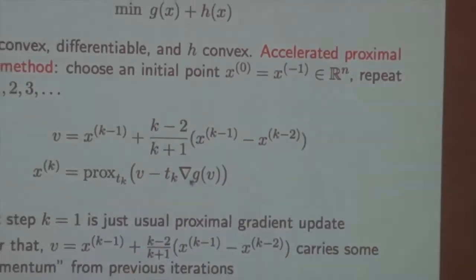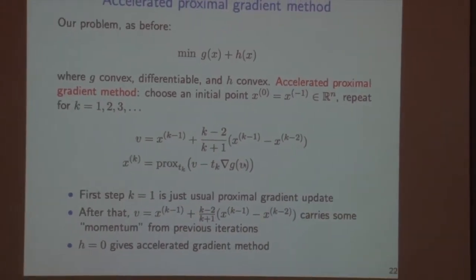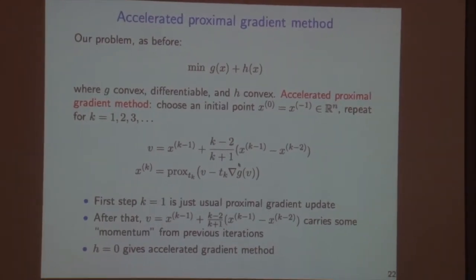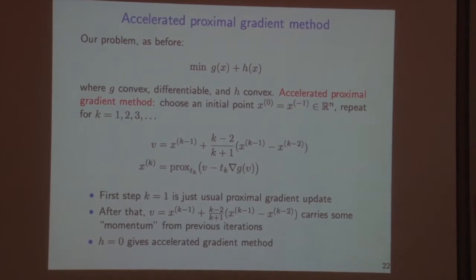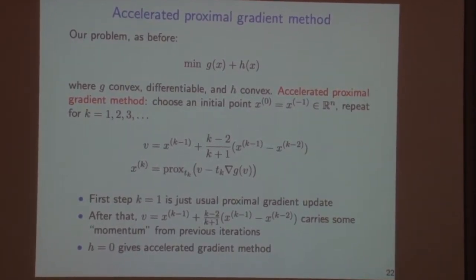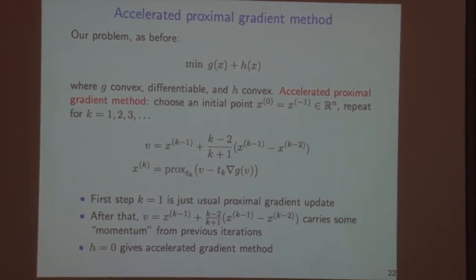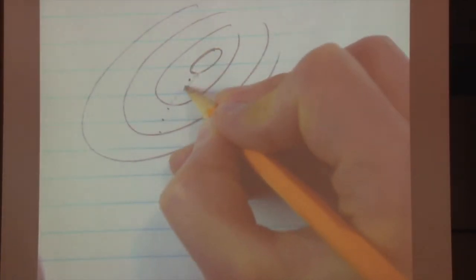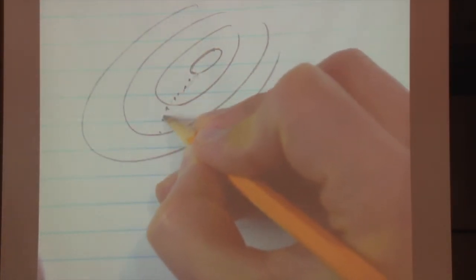So remember, this prox goes away, and I'm really just taking the update to be v minus tk grad of g at v. Let me actually not answer that question and see if you can think about it and figure it out. I'll just draw the picture and you can think about it, just because it ends up invariably taking a while to explain. If not, we can revisit it either in a later class or in office hours.